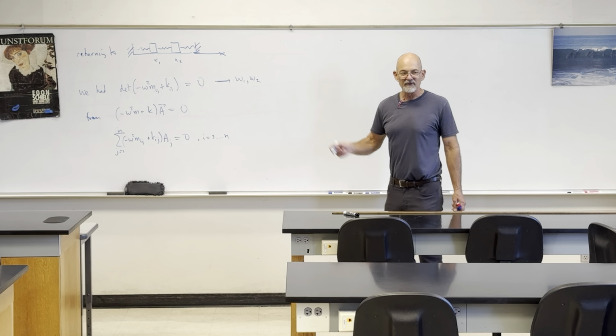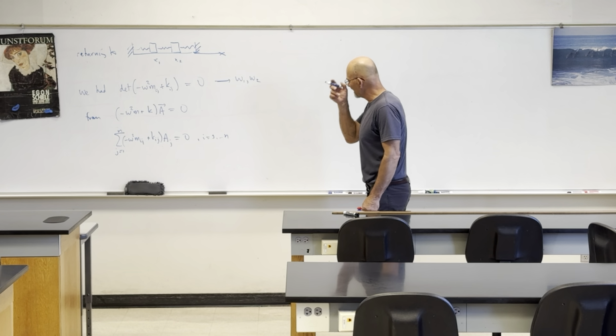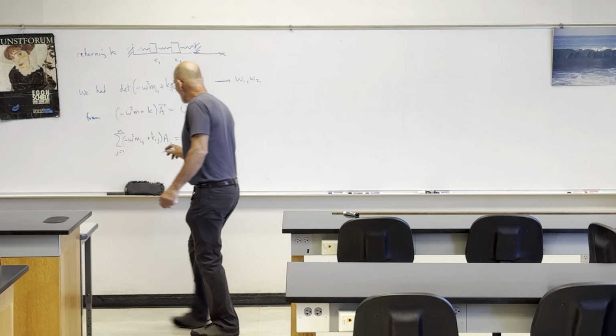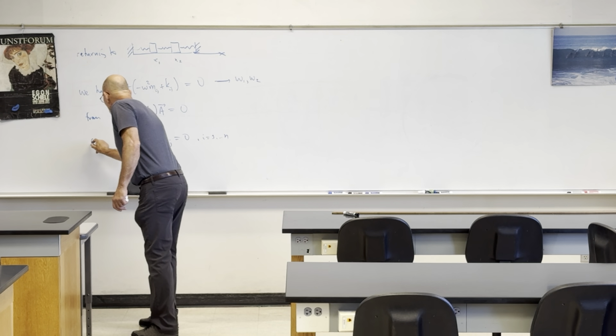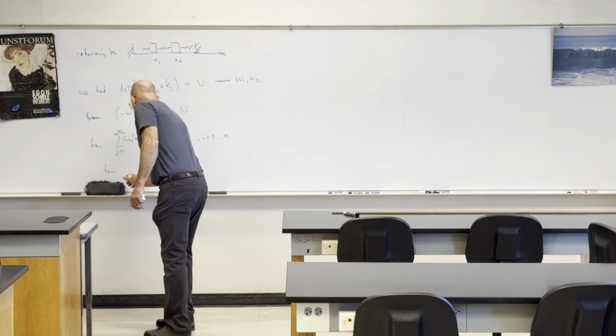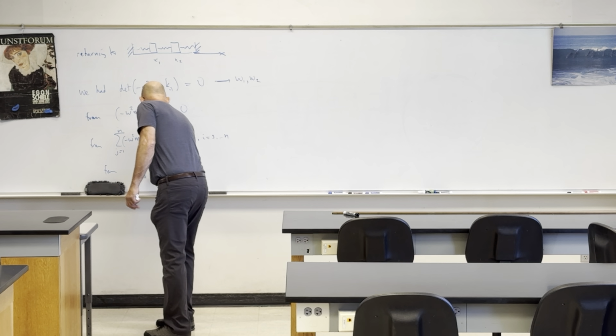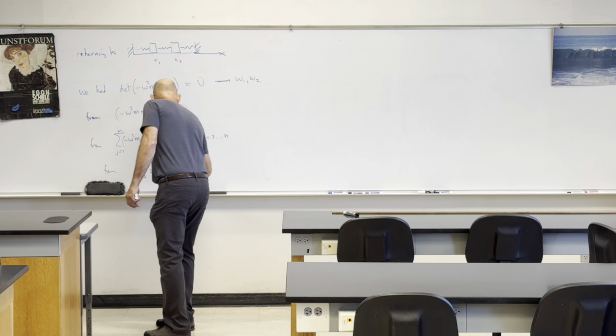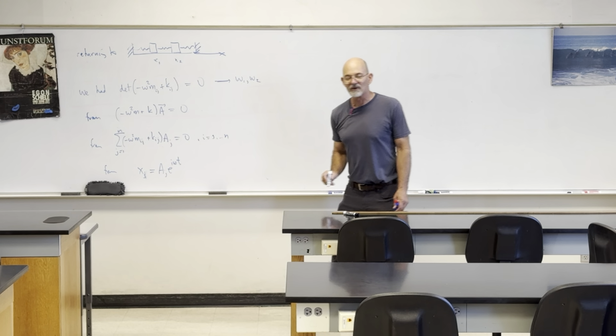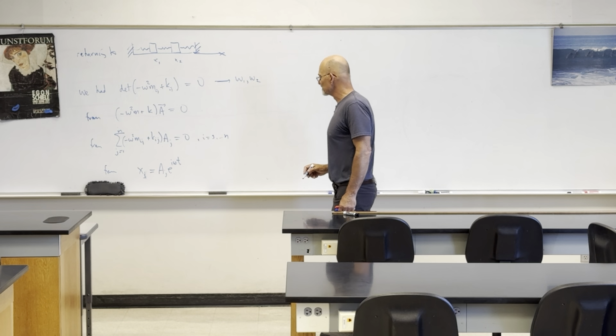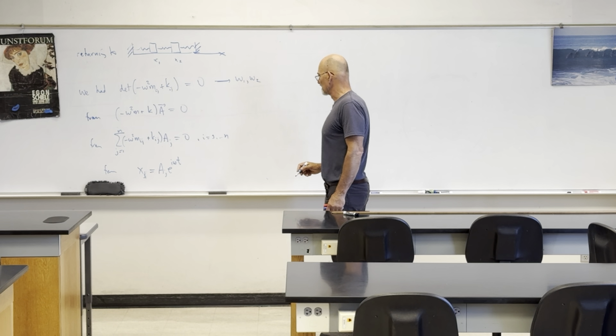Of course we had 2 by 2 matrices, but this was the general calculation. And before that we had, let xj equal a sub j e to the i omega t, which was our general solution, our trial solution.